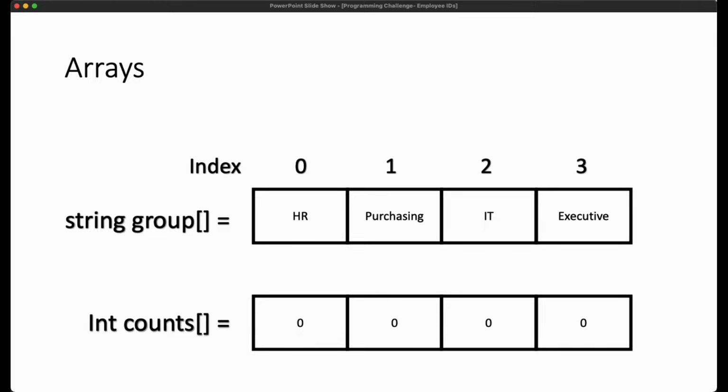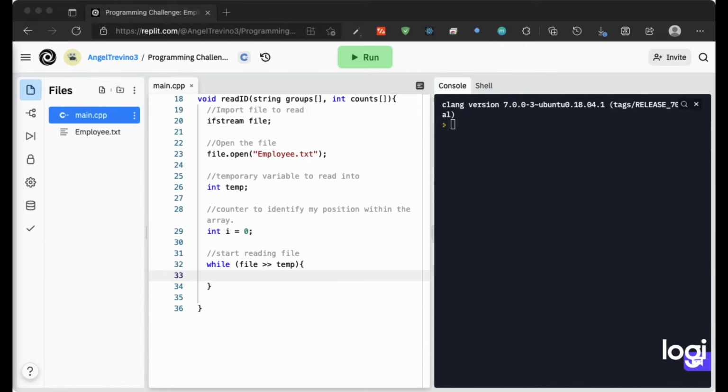If that first number is between 300 and 499, we're going to add one to counts in index 1. If the number you read is between 500 and 799, we're going to add one to counts index number 2. And if our number is between 800 and 899, we are going to add one to the executive index number 3.